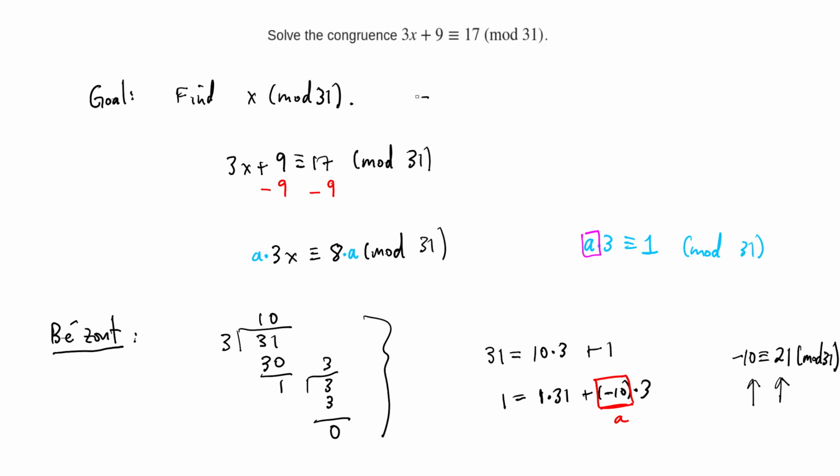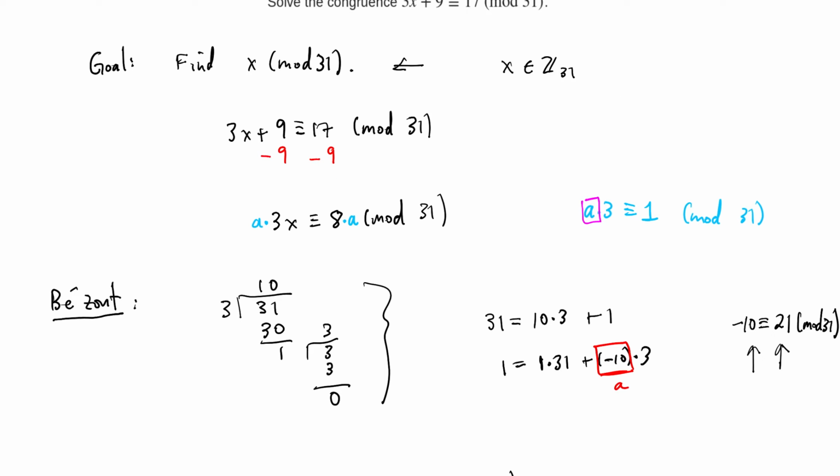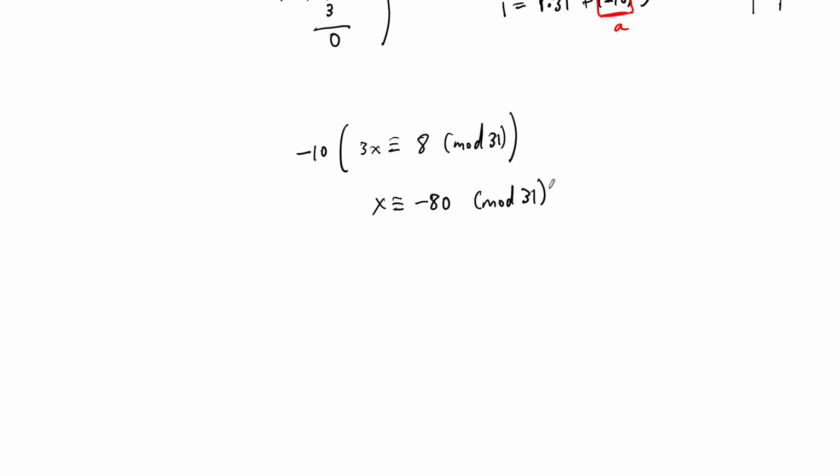When I wrote find x mod 31, what I mean is that our x should live in the space Z31, so it should be an integer between 0 and 30. To get that, we can just start adding 31 to this to find the remainder. But 31 times 2 is 62, which is not enough, so we need to go one more.